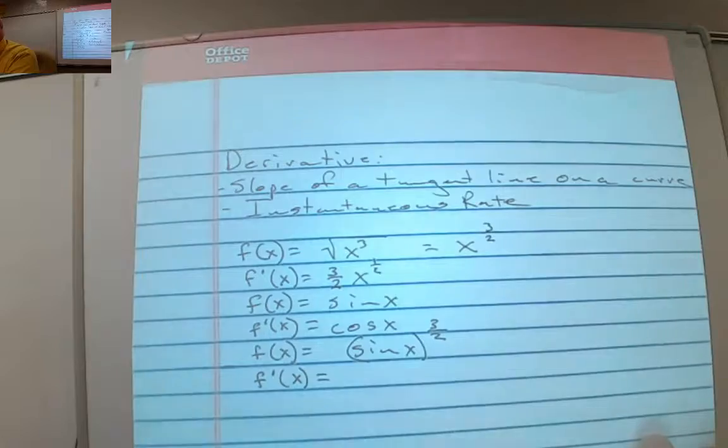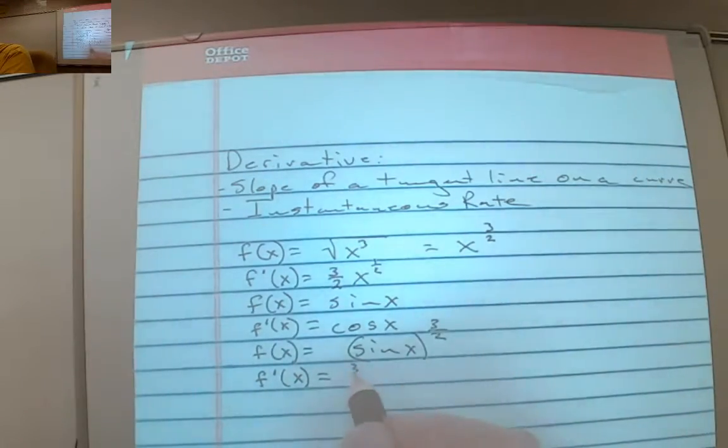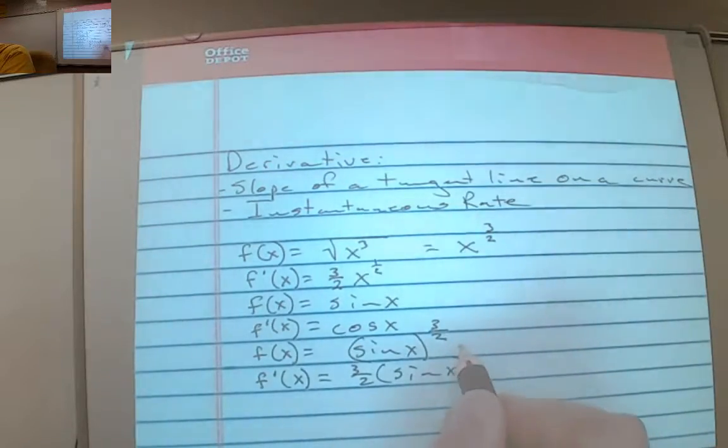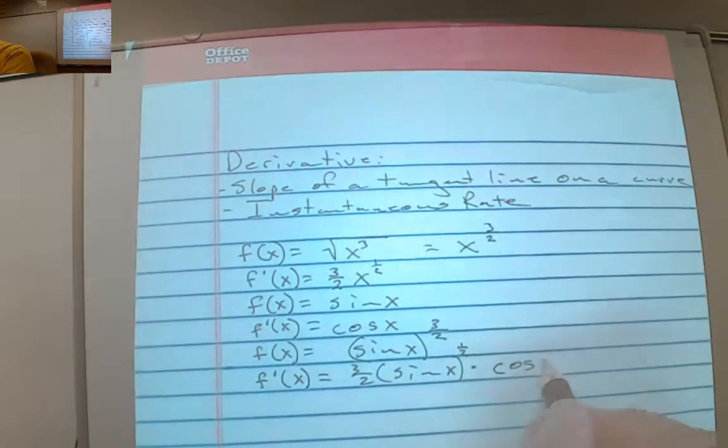So when you do the chain rule, you incorporate the power rule and the rule that you have in trig, correct? 3 halves times the thing in parentheses, and then leave the thing in parentheses alone, and do that times the derivative of the inside. So this becomes 1/2, and subtract. And then you've got the derivative of the inside, which is cosine of x, right?